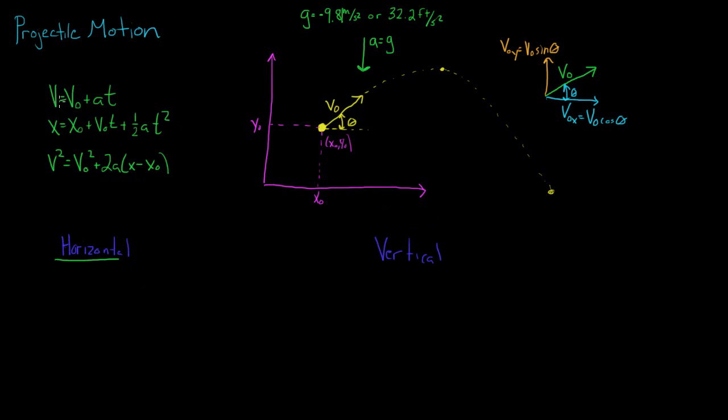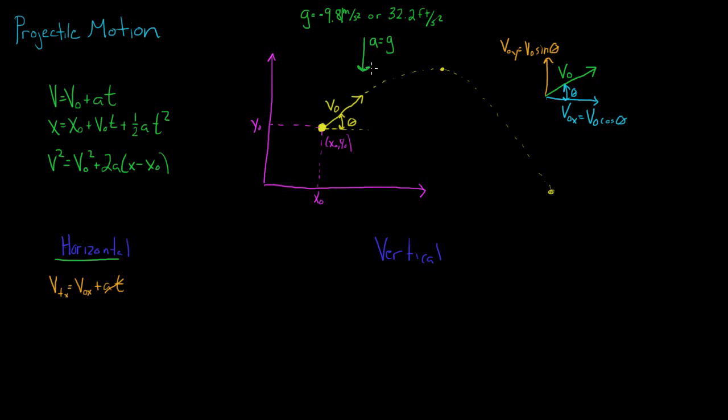So if we look at this equation, our final velocity in the x direction is going to be equal to our initial velocity in the x direction plus an acceleration times time. And this acceleration, there is none. There is no acceleration in the x direction.